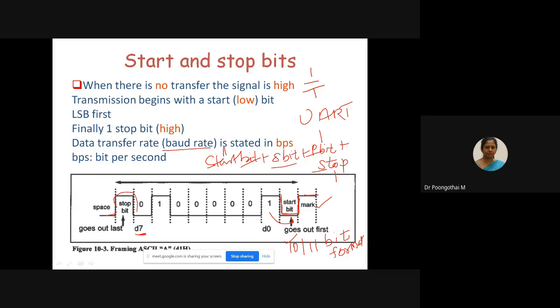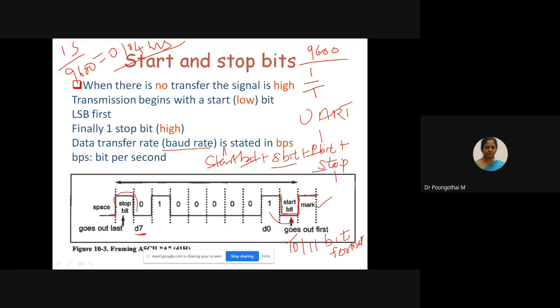Suppose, for example, the data is transmitted with a 9600 baud rate. It means 9600 bits are transmitted in 1 second. So for 1 bit, your transmission time is equal to 1 second divided by 9600, which is 0.104 milliseconds.